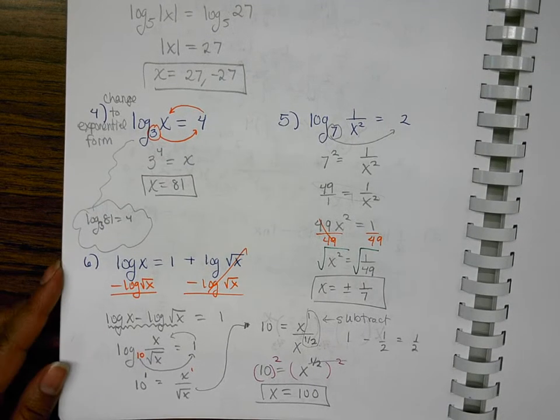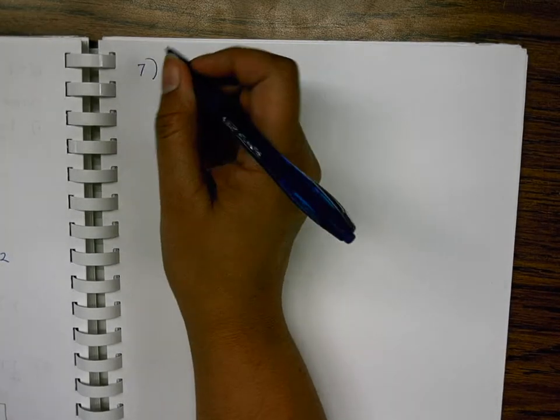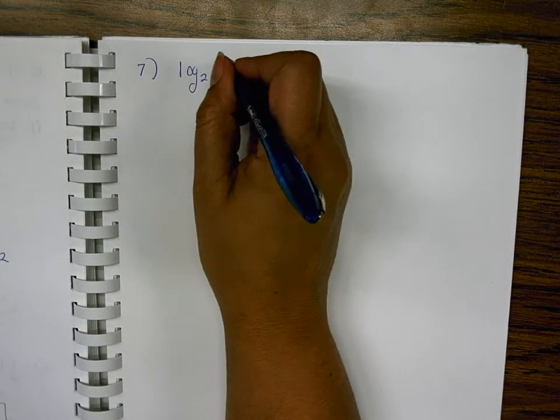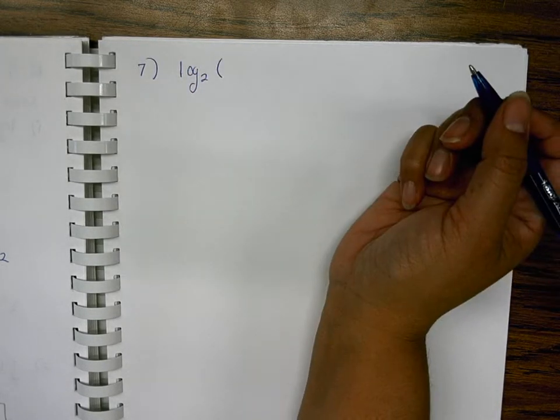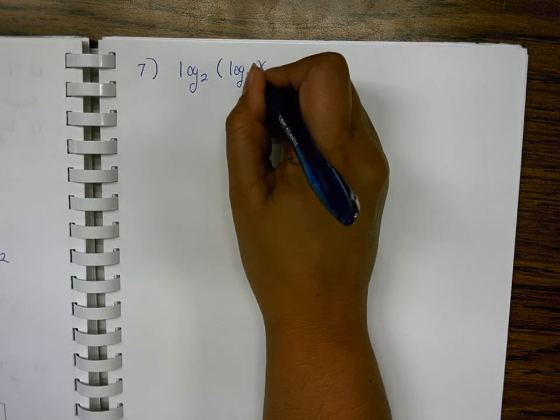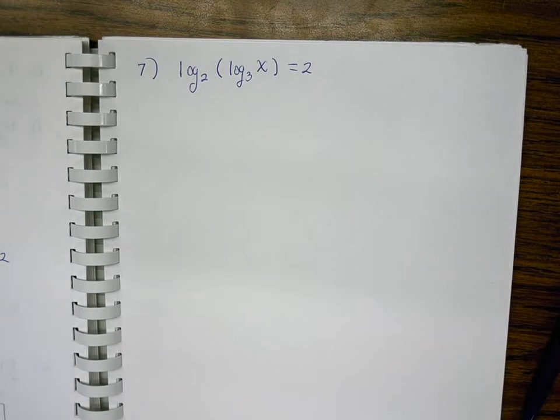Okay, number 7. Log base 2 of log base 3 of x equals 2.